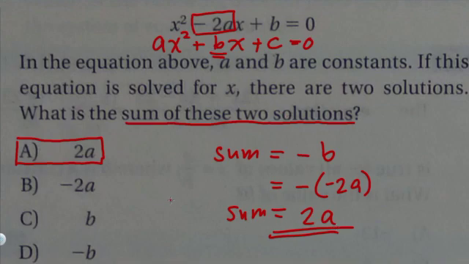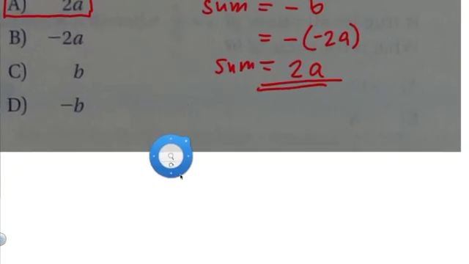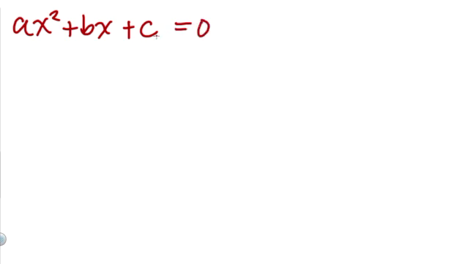Now the question is, how could it be that the sum is equal to negative b? Let's take, for example, a quadratic equation in the form of ax squared plus bx plus c equals 0. Our first attempt is to factor this quadratic equation by having the product of two binomials.